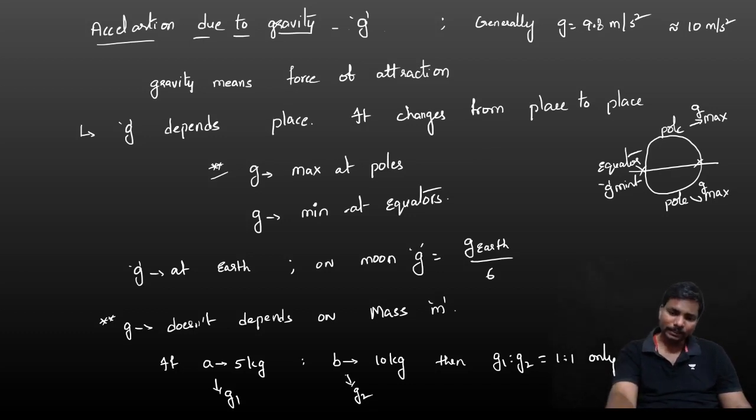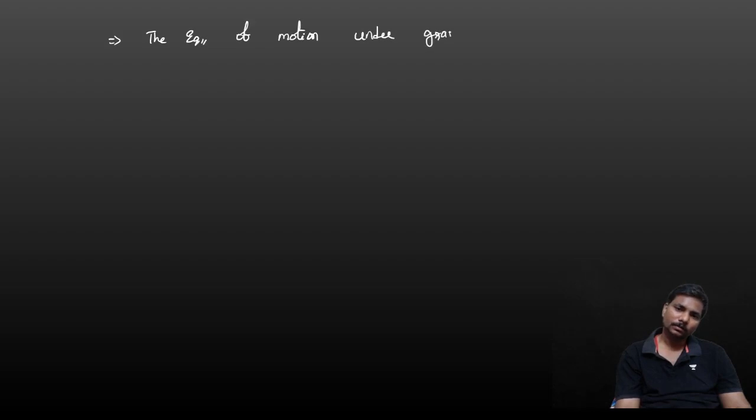Let us take the three equations of motion under gravity, where a is equal to g. The first one: final velocity, v is equal to u plus at, becomes v is equal to u plus gt.